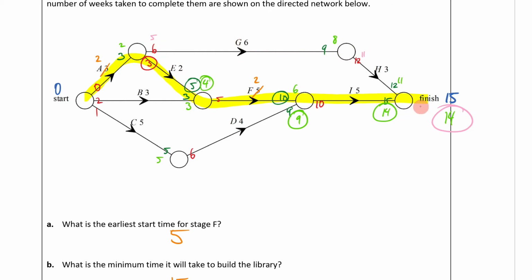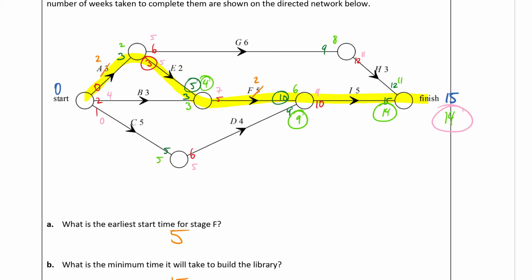Then 14 minus 5, which will be 9. 9 minus 2 will be 7. 7 minus 2 will be 5. 7 minus 3 will be 4. 9 minus 4 will be 5. 5 minus 5 will be 0.